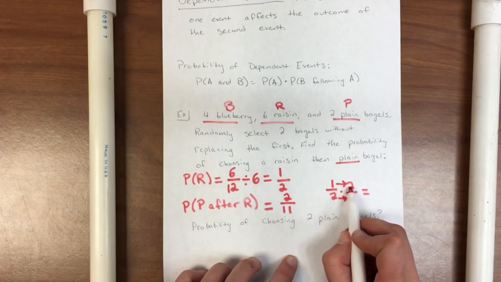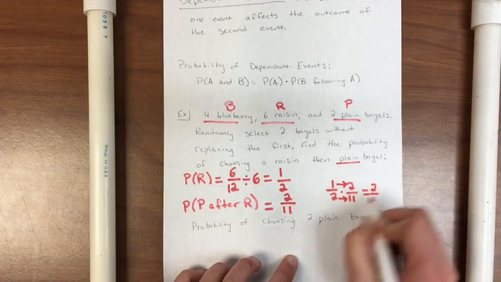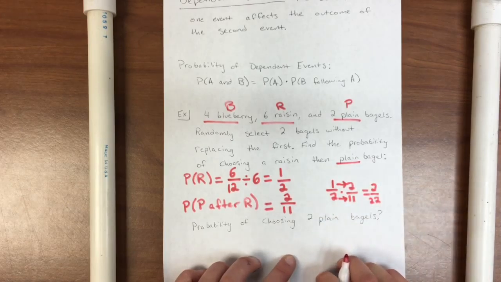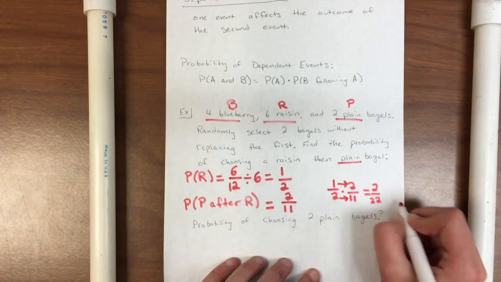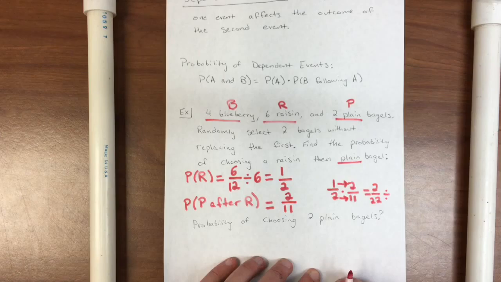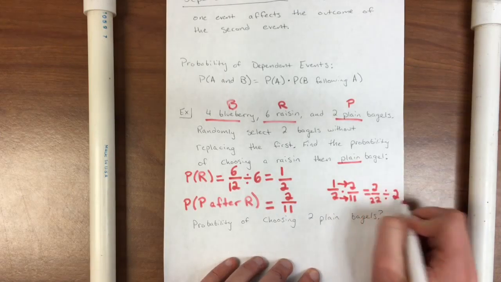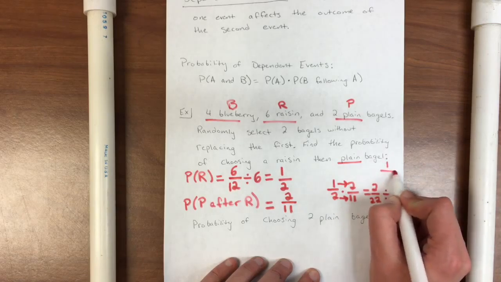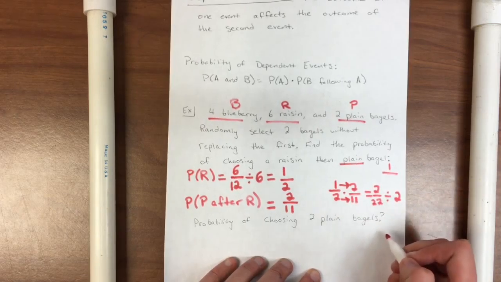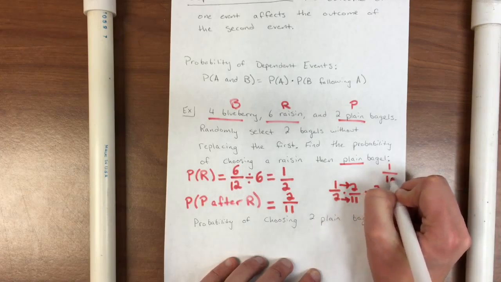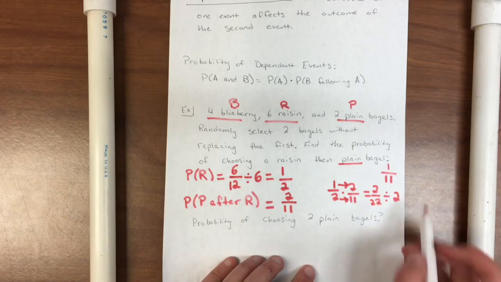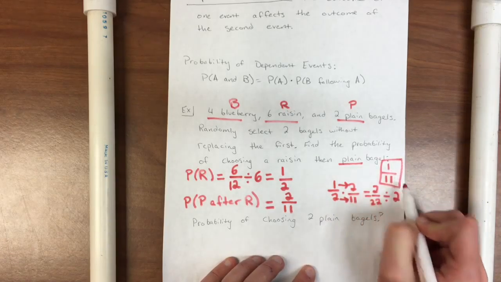What's 1 times 2? 2. 2 times 11? 22. What's wrong with 2 over 22? It needs to be simplified. What number can we divide them both by? 2. So what's 2 divided by 2? 1. And what's 22 divided by 2? 11. So our total probability of choosing a raisin and then a plain bagel is 1 over 11.